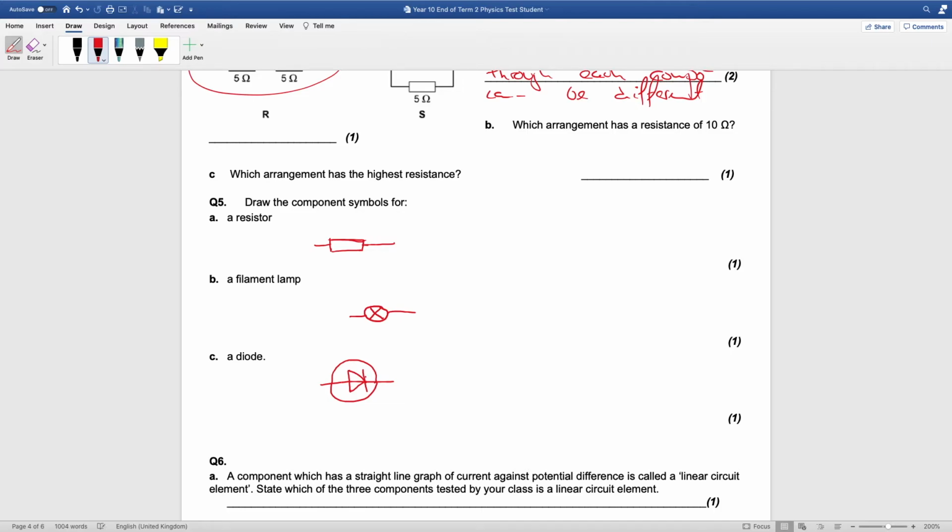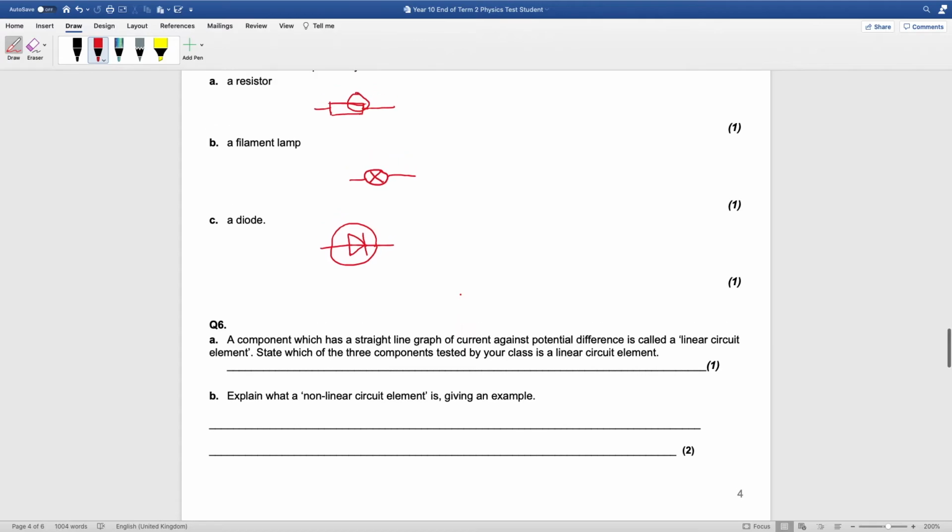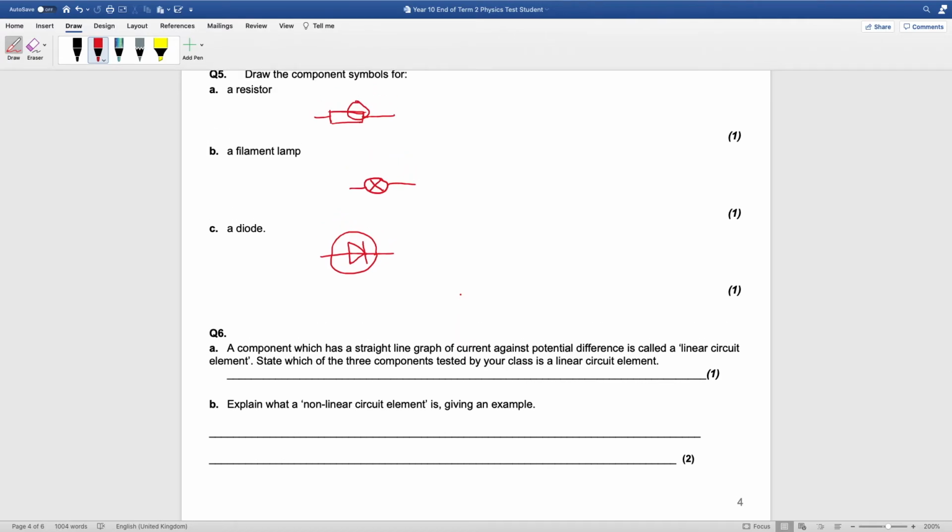Make sure you're able to draw these circuit symbols correctly. If this was my exam, I would go back and clear that up. I wouldn't leave that ragged edge on my rectangle.